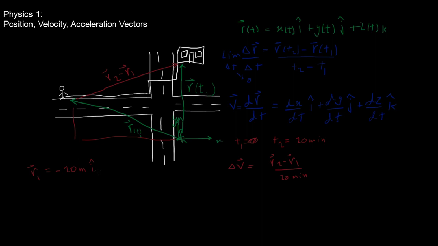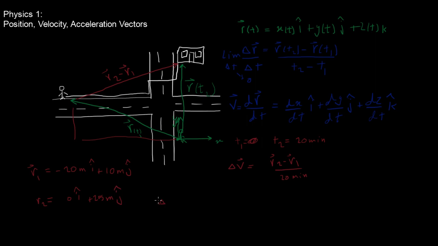And it is positive. So it is plus 10 meters j hat. And let's say r2 equals no x, so 0 i hat. And let's say this distance is 25 meters j hat.